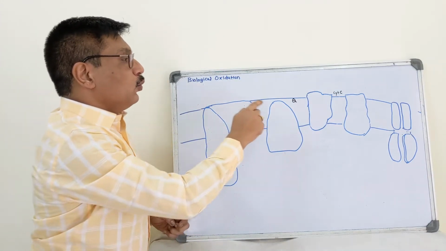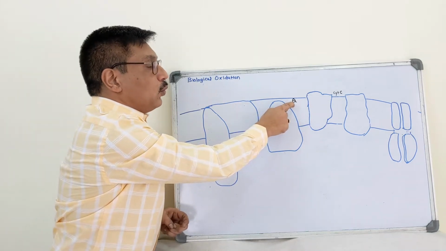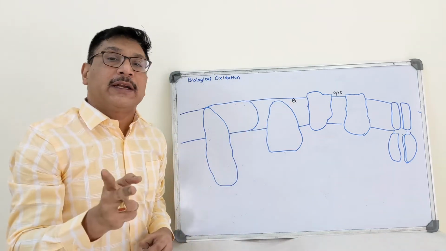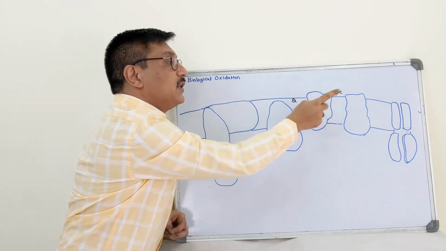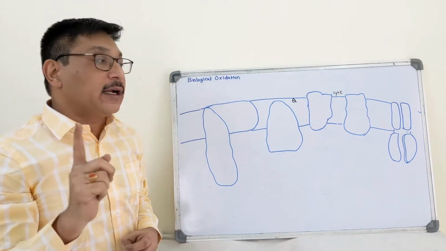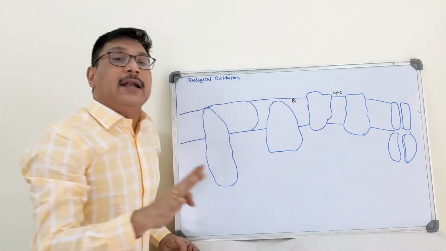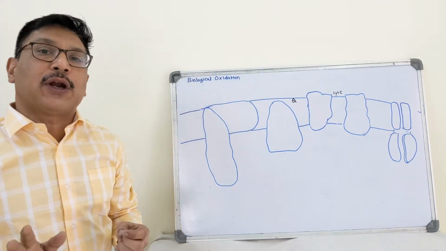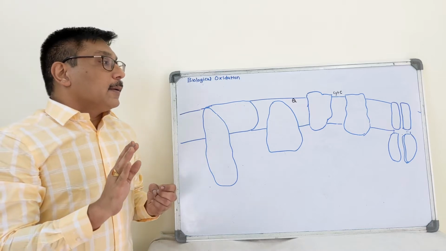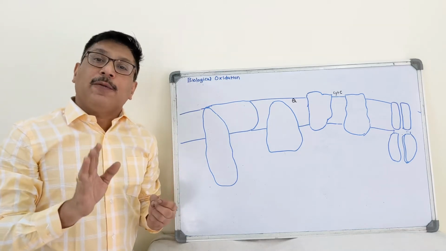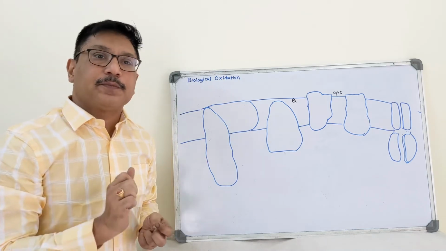The mobile units include coenzyme Q, which transports 2 electrons at a time, and cytochrome C, which can transfer 1 electron at a time. The 5th complex is ATP synthase, important for oxidative phosphorylation, for synthesis of ATP.